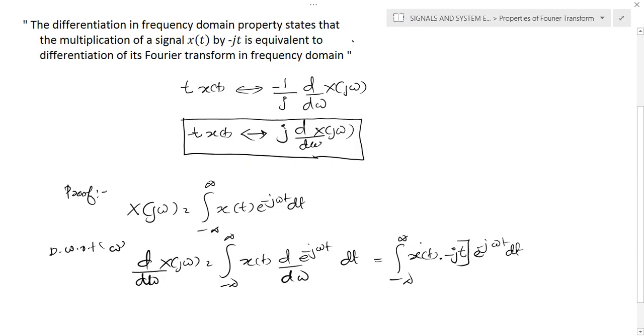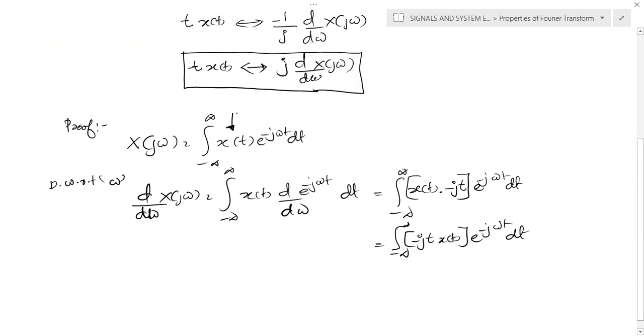If you look at this particular equation, normally X of j omega is written by x of t into e raised to minus j omega t. So in place of x of t, here it is minus j t into x of t. So we can consider it a Fourier transform of the signal minus j t into x of t.